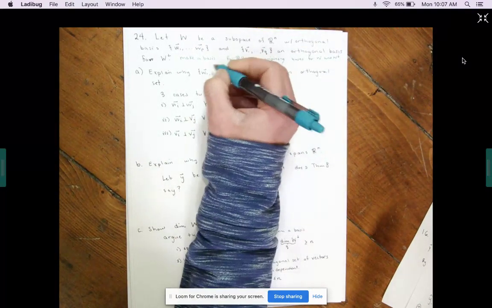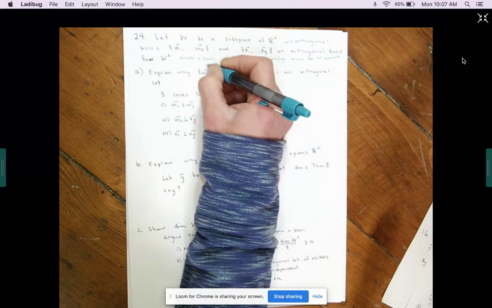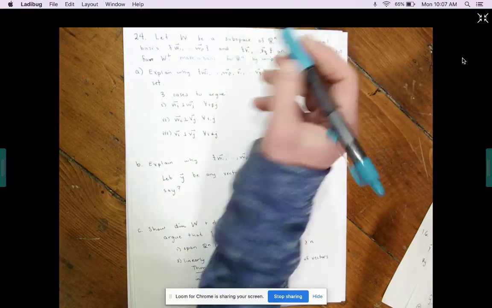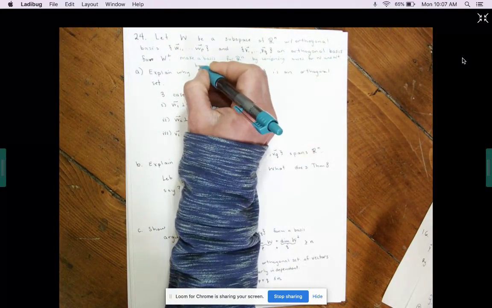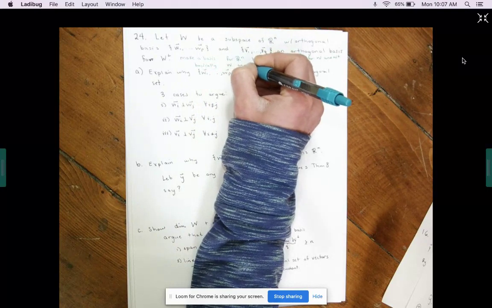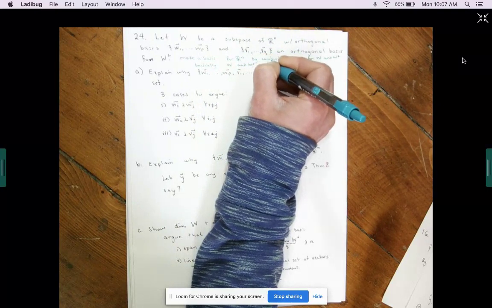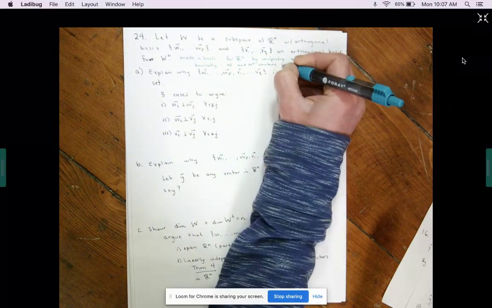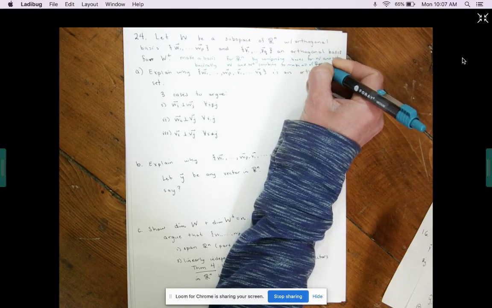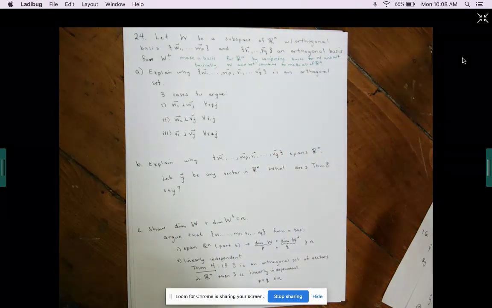So another way to think about this is that W and W perp together sort of make up all of R^n. W and W perp combine to make all of R^n, which is really pretty cool if you think about it.